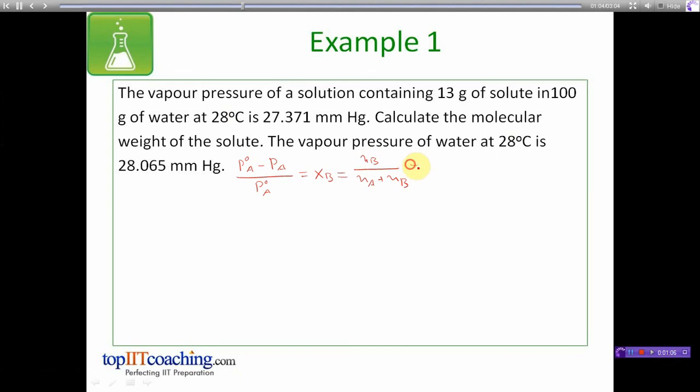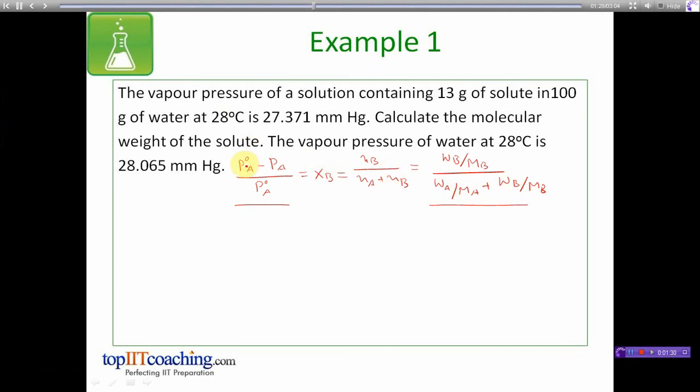We know that number of moles of a substance is equal to its weight divided by its molecular weight. So we can write XB equal to WB divided by MB upon WA divided by MA plus WB divided by MB. Now we have to substitute the given values in this equation.